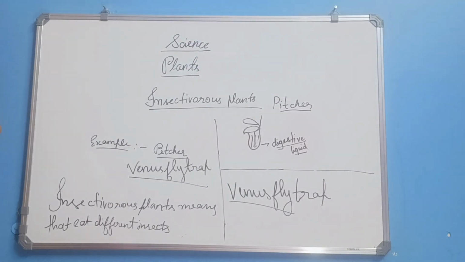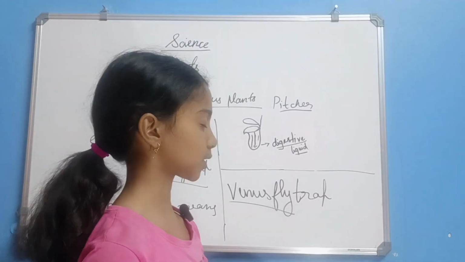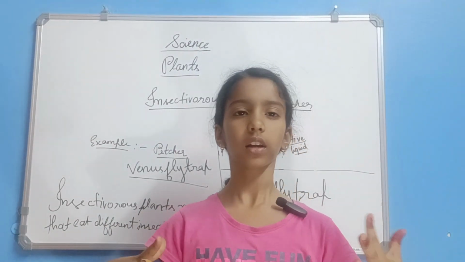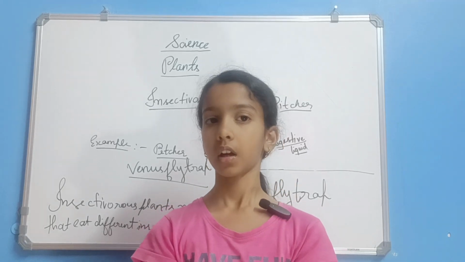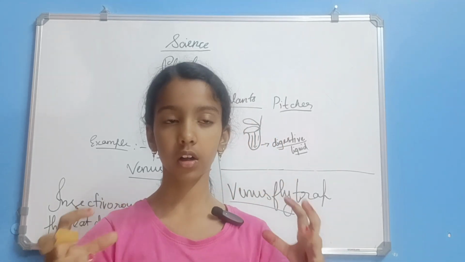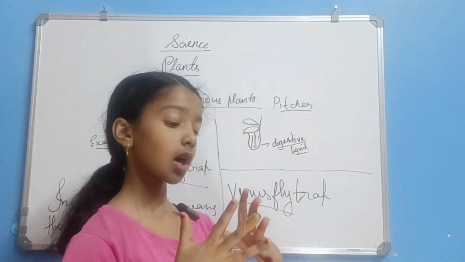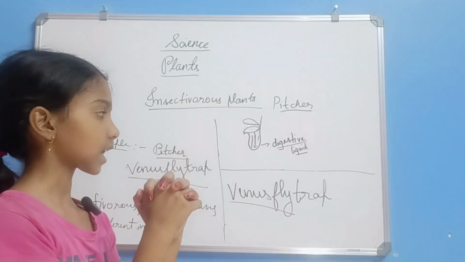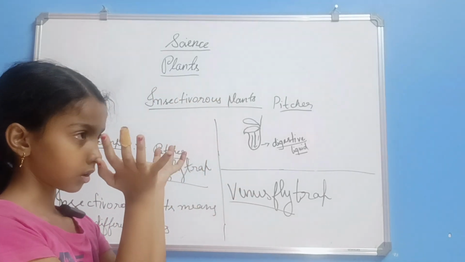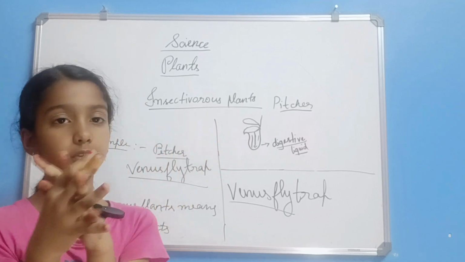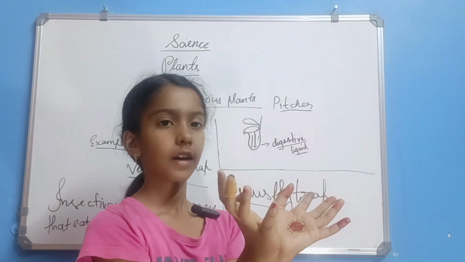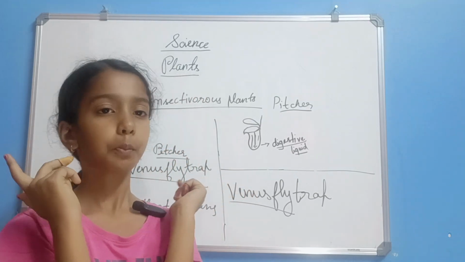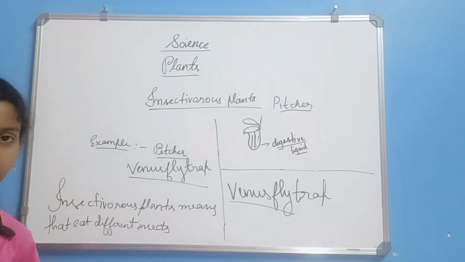See, now maybe you understand what the Venus flytrap means. After taking the nutrients, after some time the nutrients will not be there because the Venus flytrap already took them. So once again the Venus flytrap will open like this, and once again the same process will be repeated.